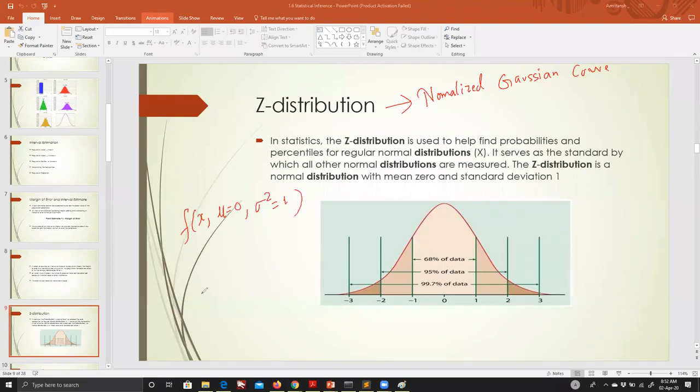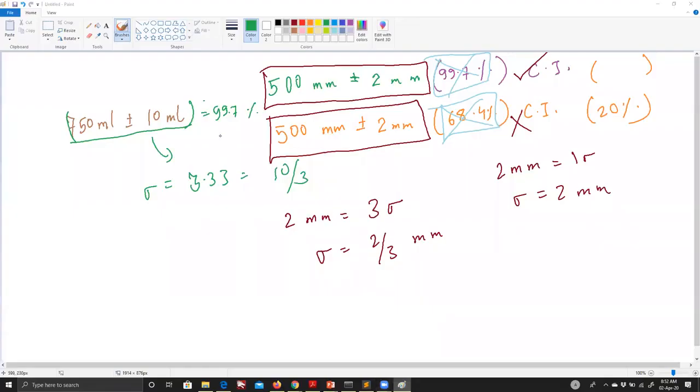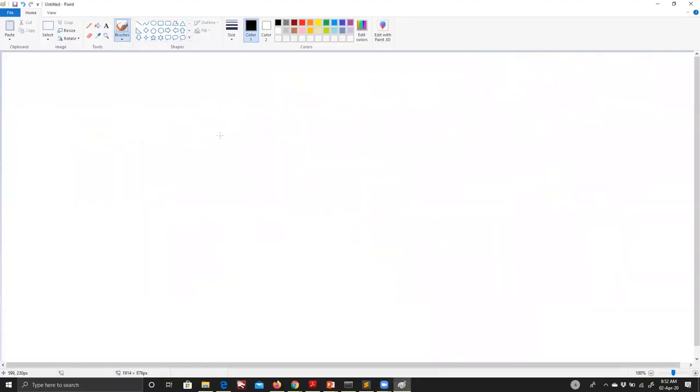How would the function look equation-wise? If anyone remembers the equation for the normal distribution. The z curve, remember, has mu 0 and standard deviation 1. Can someone tell me the formula?